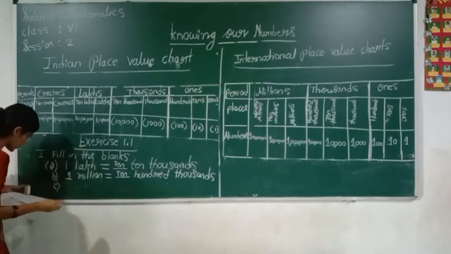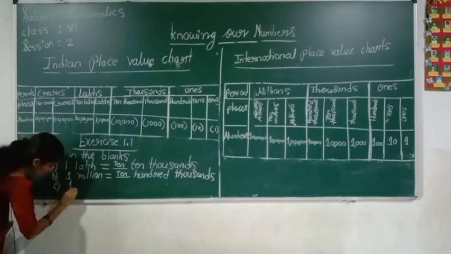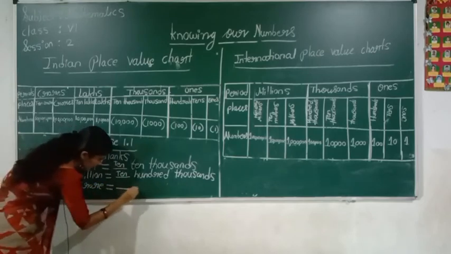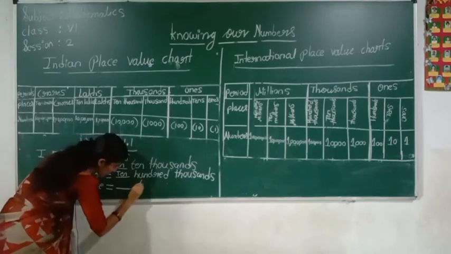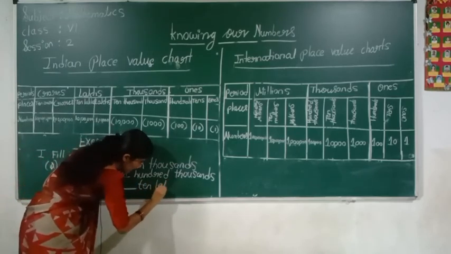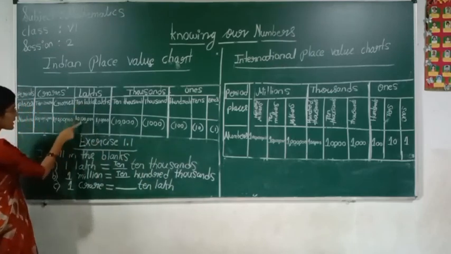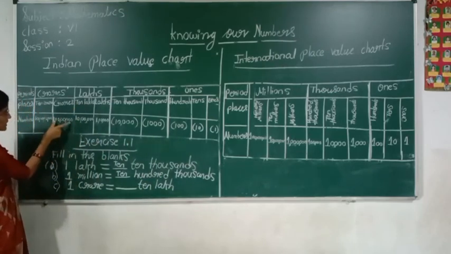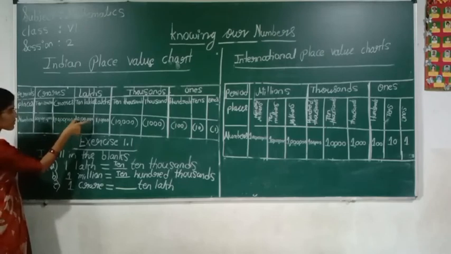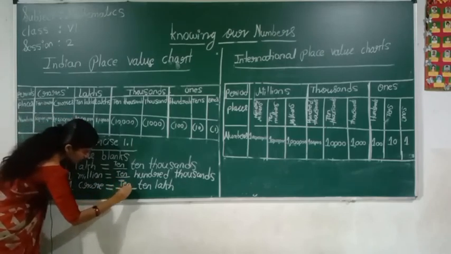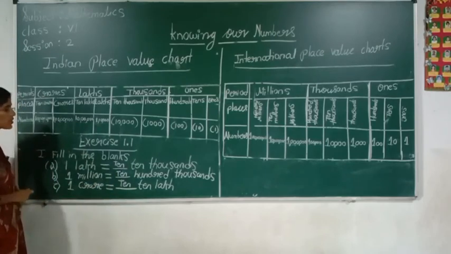So now we will see C1. 1 crore is equal to dash 10 lakh. Now see here, 10 lakh is here. They ask 1 crore is here. If we multiply this number by 10, we are going to get 1 crore.